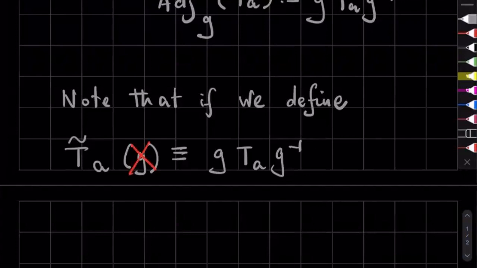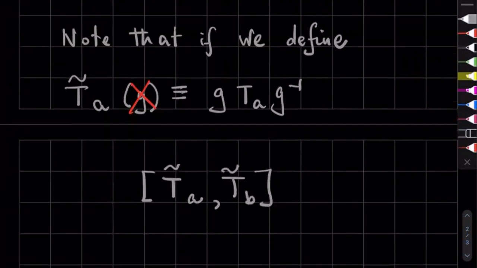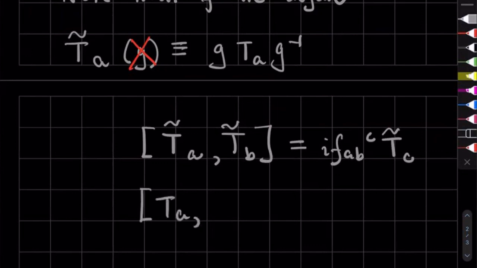Okay. So if you define this, and I now compute the commutation relationship of the T tilde commutator, then it's just one line of algebra to show that we get the same Lie algebra as the generators T. So T tilde and the T's generate the same Lie algebra.